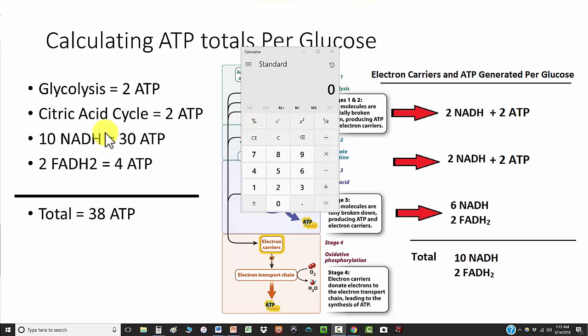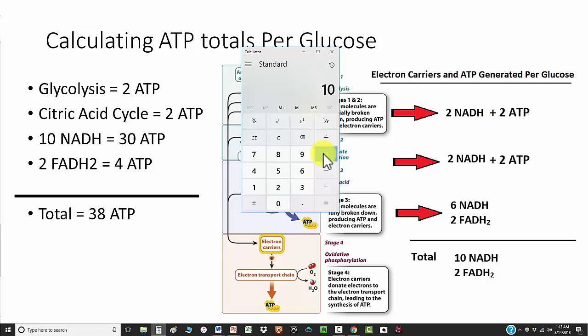Easy math here, but just to show, we produce 10 NADH. Each NADH will pump 3 hydrogens, and as we talked about, one hydrogen equals 1 ATP.